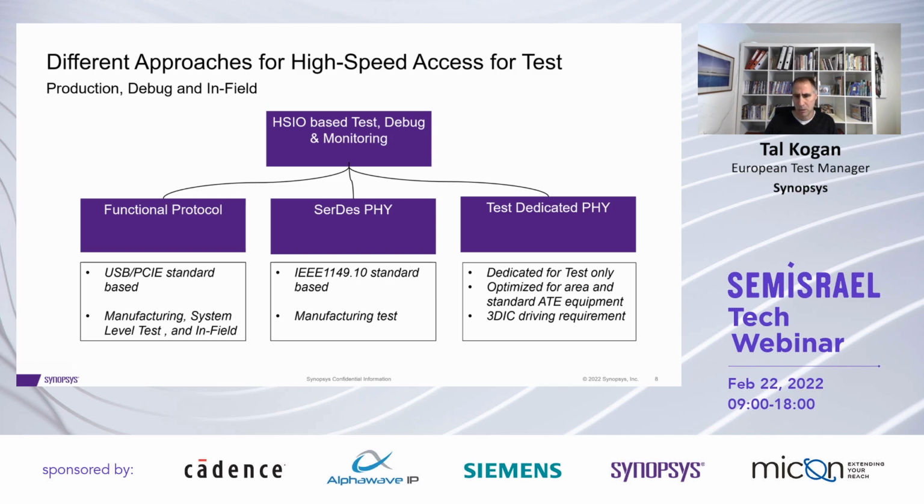And that is very good for manufacturing tests, maybe less so for in-field. And then there could be, in theory, a test-dedicated PHY that you put on your SoC for that purpose. It might have some benefits, but today this solution is more theoretical.